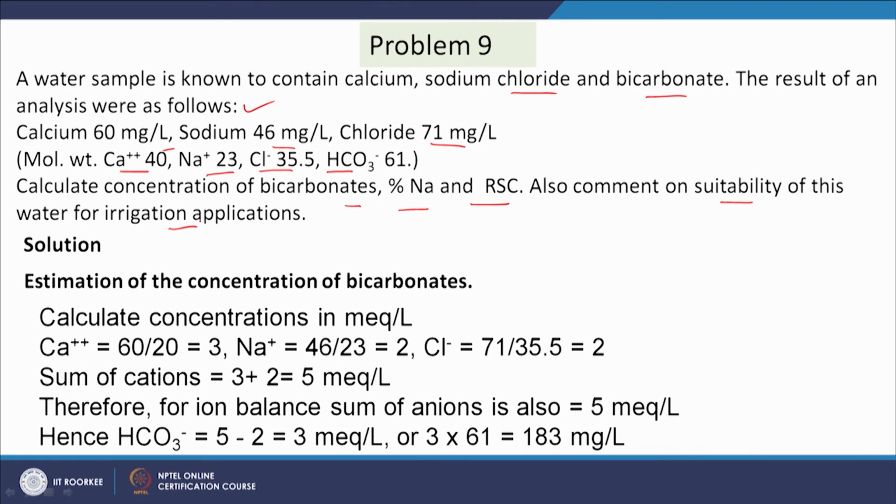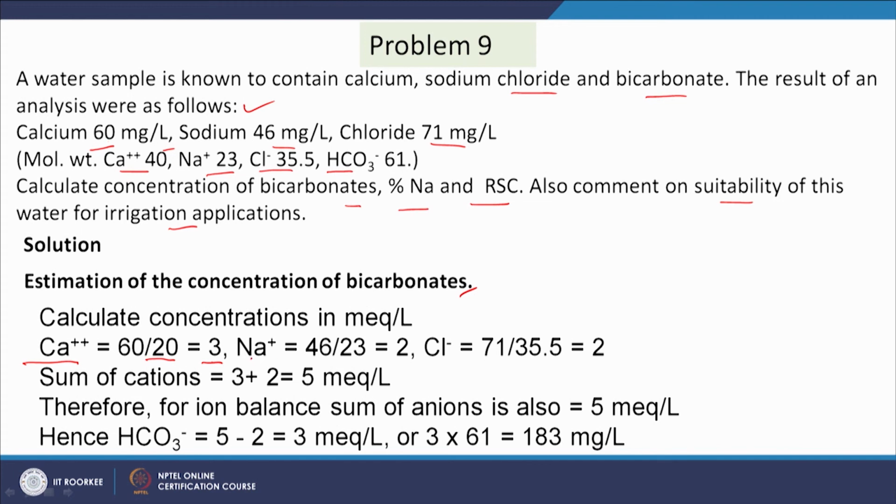So, what we will do? At first we will estimate the concentration of bicarbonate, the first question. Here we have to calculate the concentration in milliequivalent per liter. We are calculating for calcium 2 plus, that is we have 60 mg per liter. So, 60 divided by the equivalent weight, that is 20, gives 3 milliequivalent per liter, because the concentration is in mg per liter.